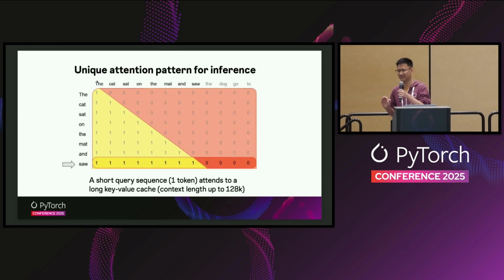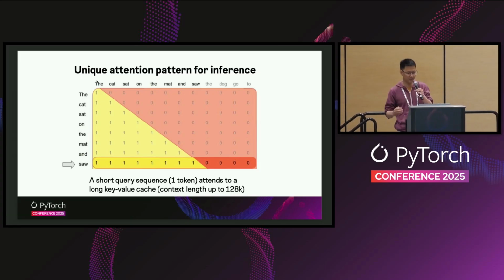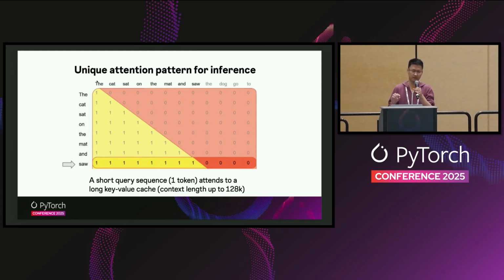Why is inference different? Because there is a unique attention pattern for inference. Like the query sequence is usually very short, like one token attends to a super long KV cache, right? The context length could be super long. Because the query sequence length is short, it's hard to use parallelism on this dimension, right?